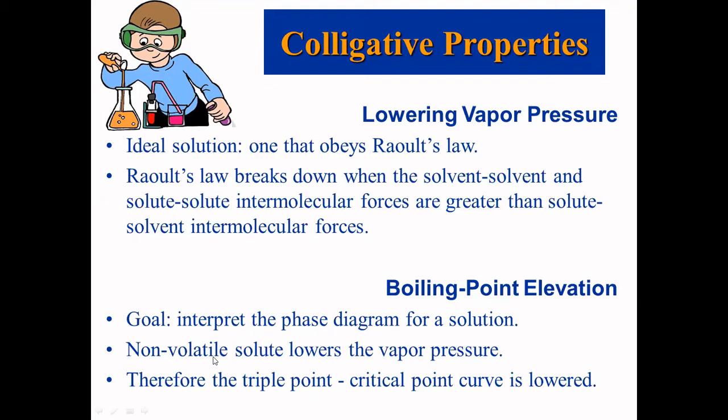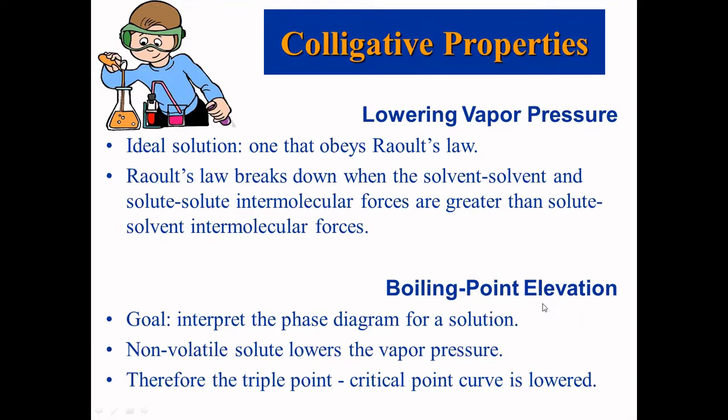So non-volatile solute, remember this, will always lower the vapor pressure. If the vapor pressure is decreased above the solution, the boiling point of that solution will increase. It will take more time, or it will take an increase in temperature before your solution is going to boil.